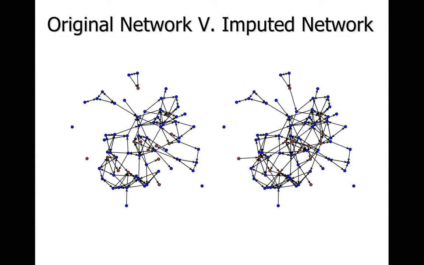For example, we see a disconnected triad in the left-hand original network, while in the imputed network, that disconnected triad is in fact connected to the rest of the network. It's a possibility, and of course has implications for diffusion and connectivity and the like.